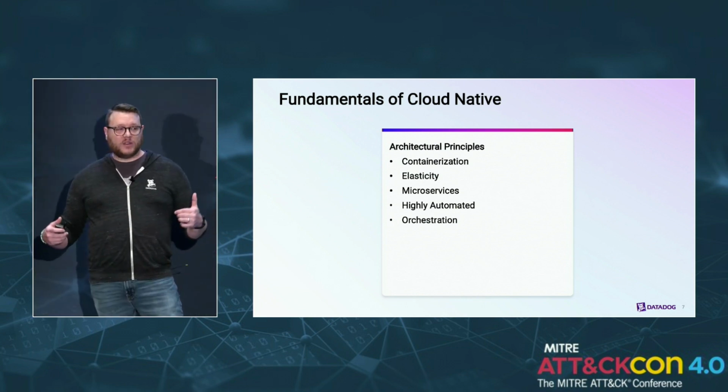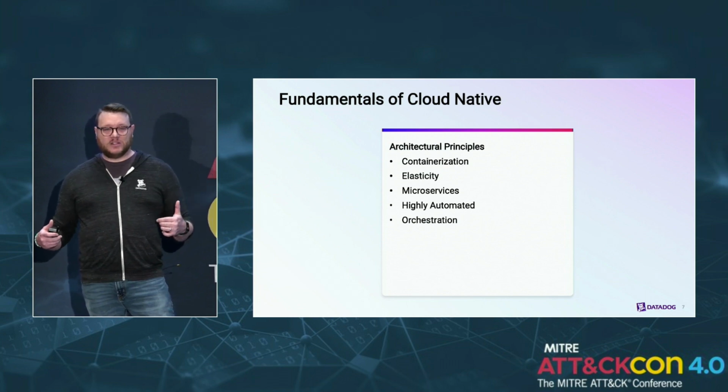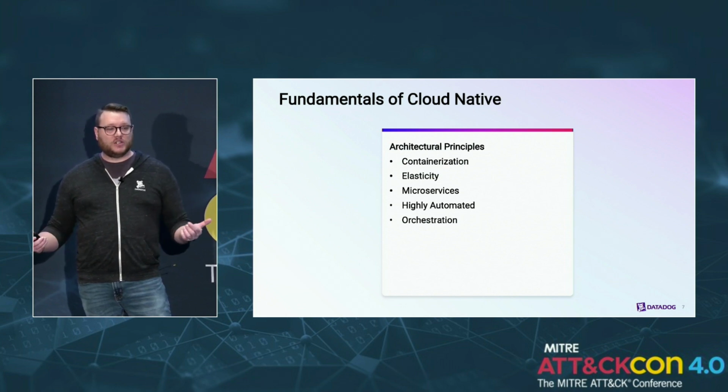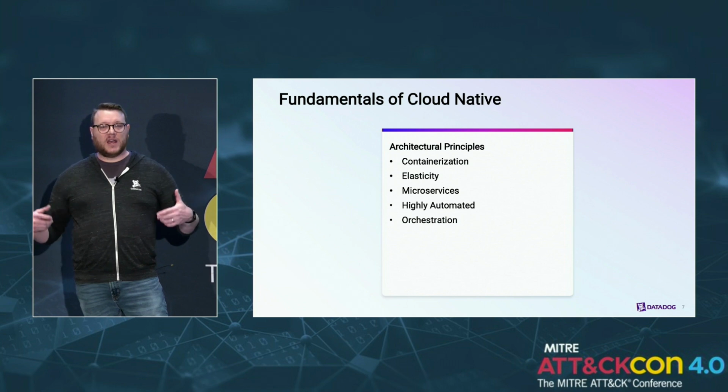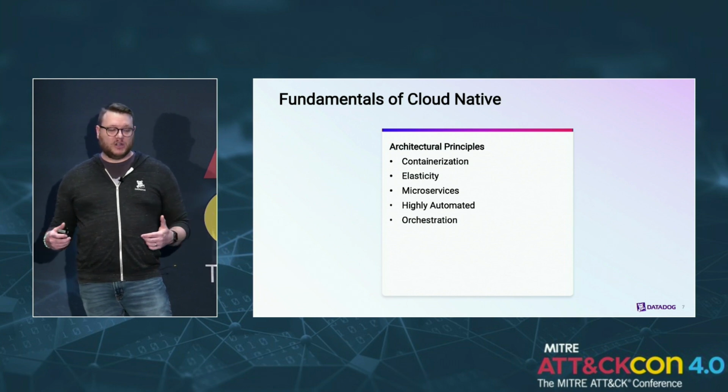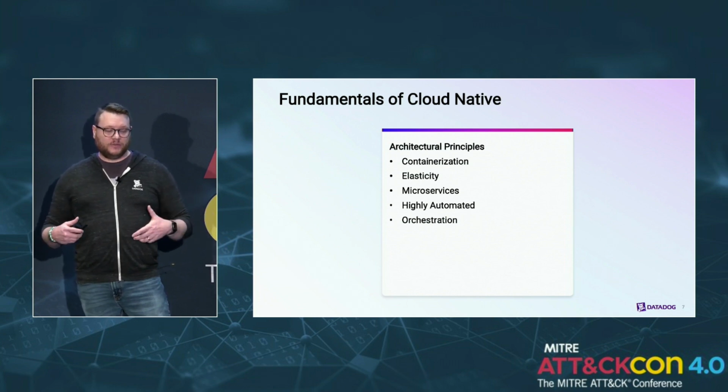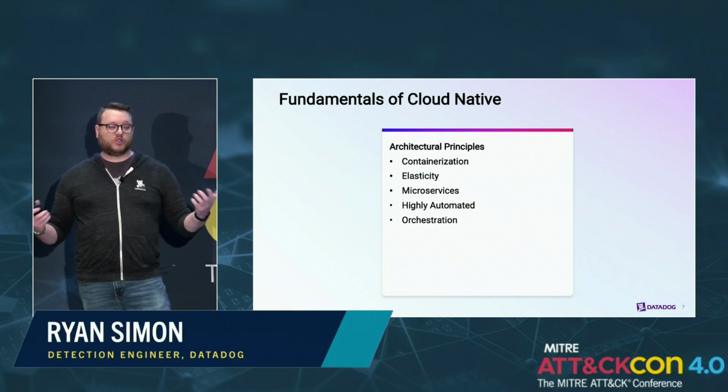Microservices, breaking those applications down into smaller independent services. Highly automated, basically breaking down any manual steps into configurations with scripts or infrastructure as code. And finally, orchestration, basically tying the full life cycle of the application into one orchestrated product.